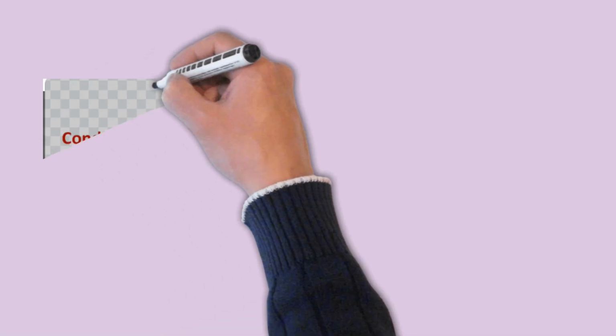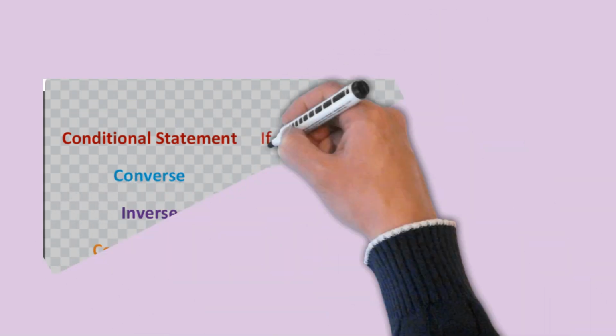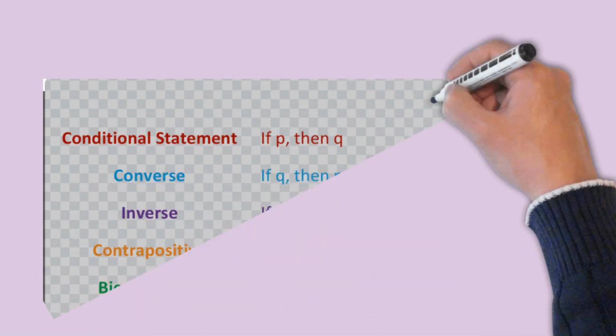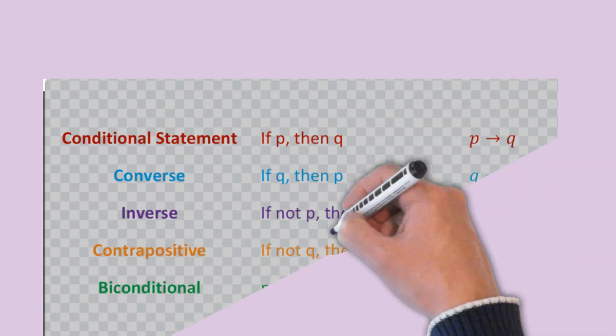So over here we have examples of conditional statements. So we have the conditional statement itself, the converse, the inverse, contrapositive, and biconditional statement.